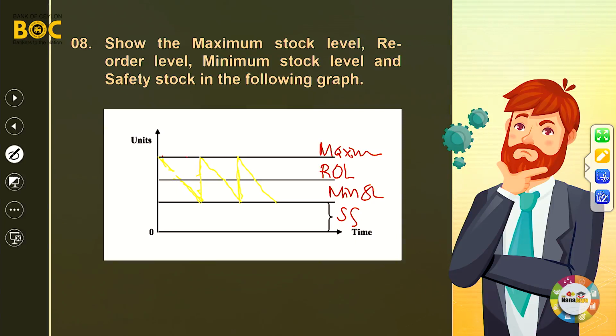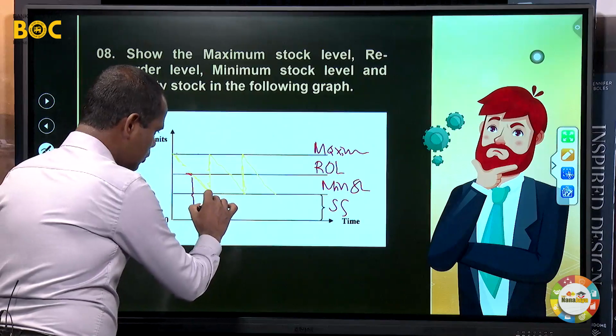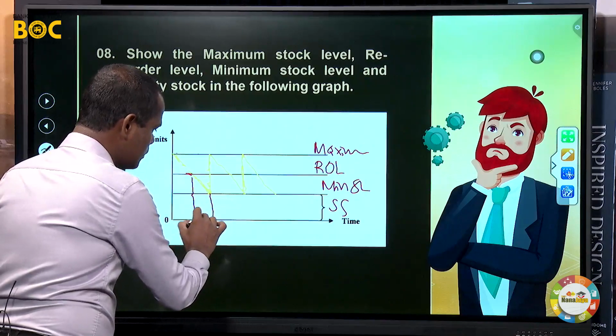There are maximum stock level, reorder level, minimum stock level, and safety stock. If you take this graph, this is the point you inform your supplier to deliver material. This is the day you actually receive the material. There is a time gap here.